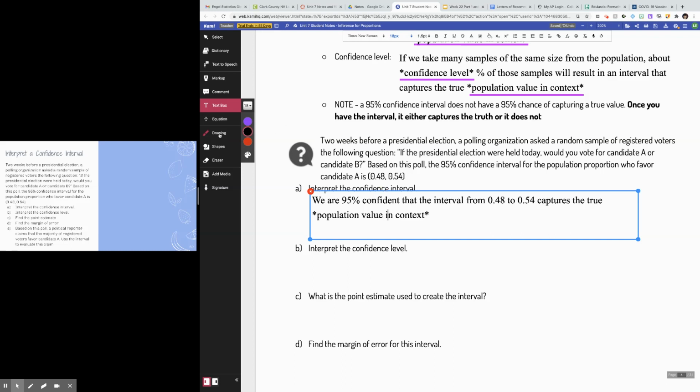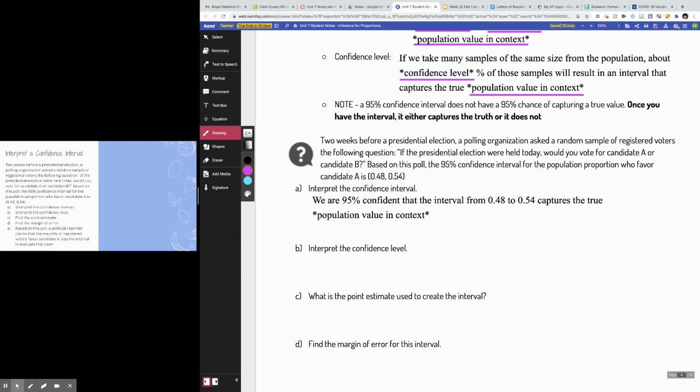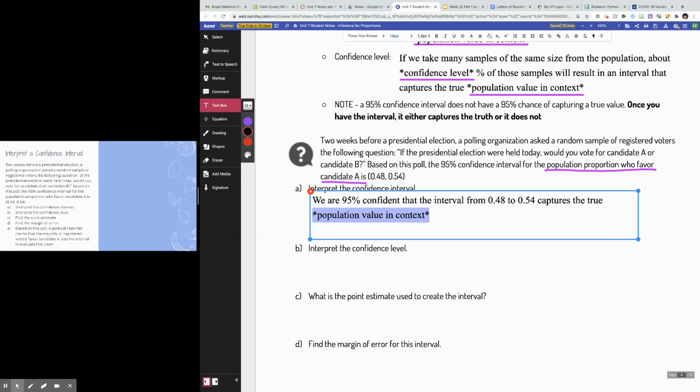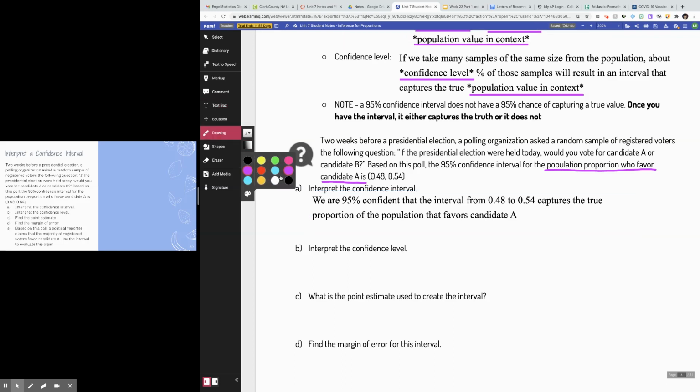The population value that we're looking at is the population proportion of people who favor candidate A. So it captures the true population proportion, or you could say the true proportion of the population that favors candidate A. Okay, so again, your fill in the blanks were here, here, here, and here.